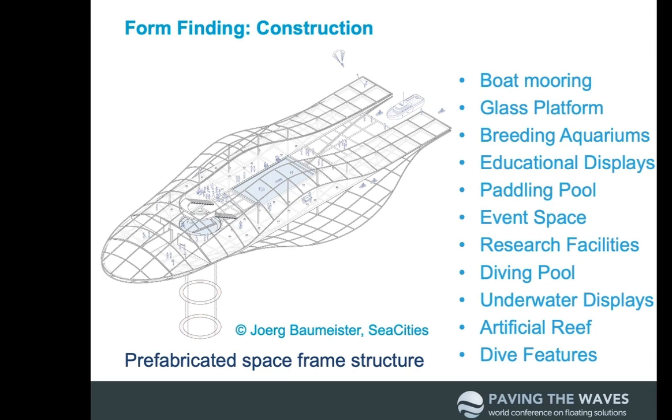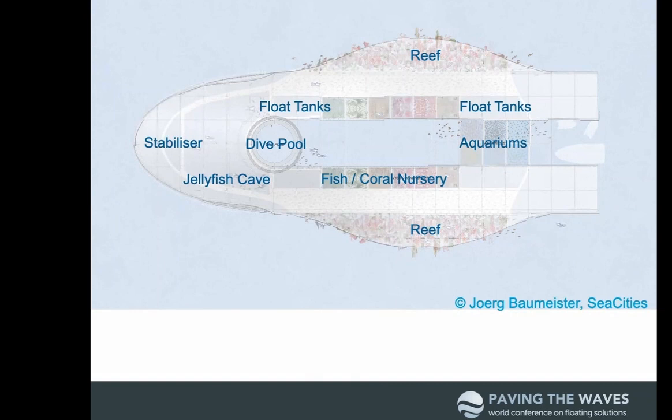Then we have, of course, event spaces, research facilities, and also underwater displays, and of course the most important thing, our reef. And here's a horizontal section through the reef. We have on the top and on the bottom these two wings with reef, but then also in the center part, which also gets sunlight from the top, as shown before.